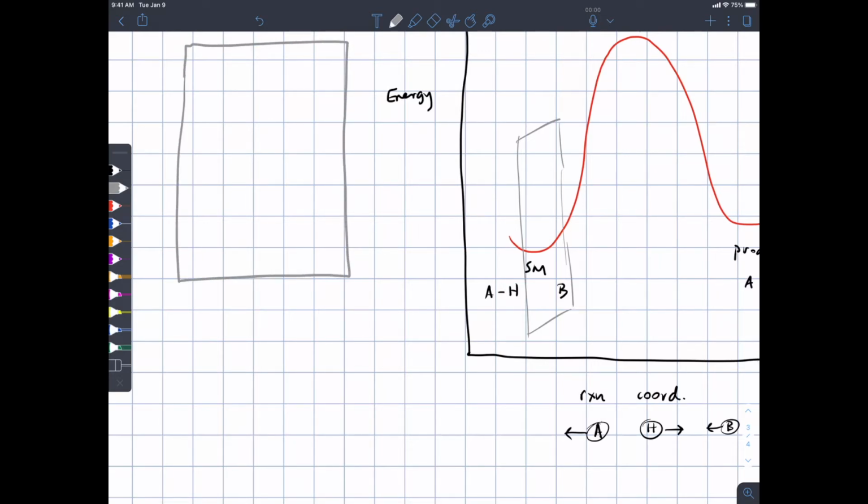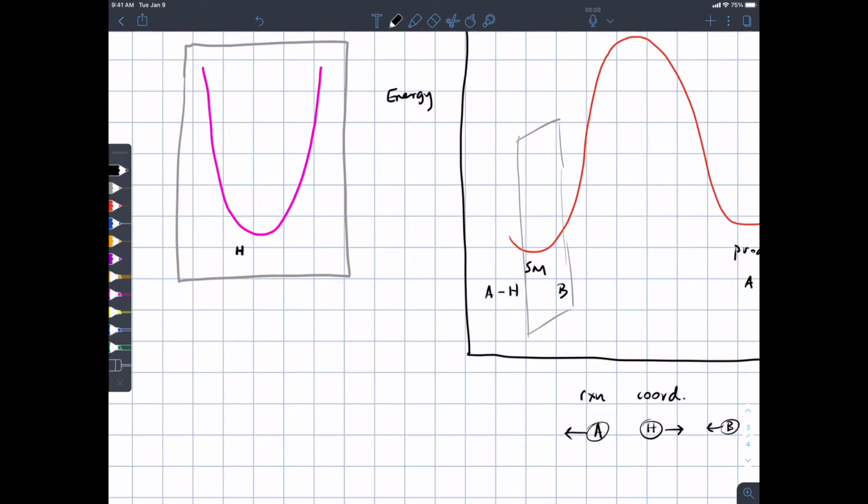Okay, in pink is going to be this vibrational energy level, and this is going to represent what's called a symmetric stretch, where hydrogen is here.